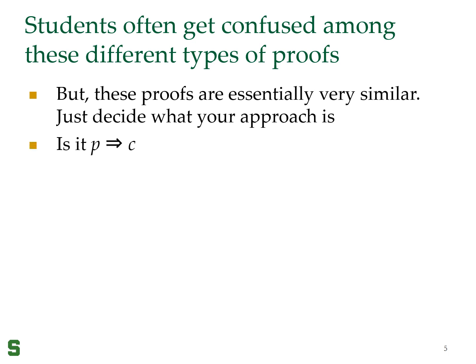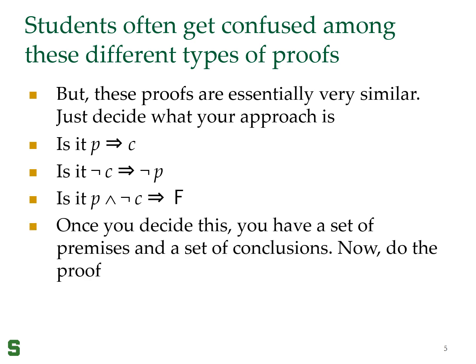So is it P implies C, or is it not C implies not P, or is it P and not C implies F? Once you decide what you're going to follow, that is going to decide what your hypothesis is.